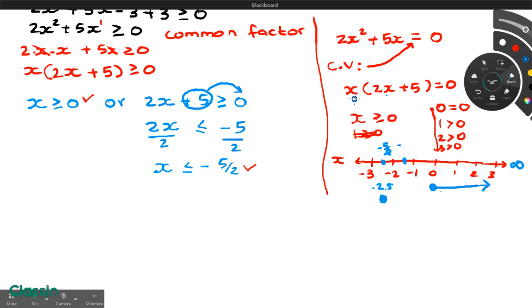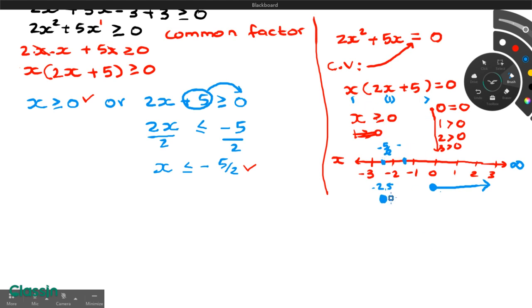But if you put 1 there, it means that you must also put 1 there. So it's 1 into 2 plus 5. It's not equal to 0, but now it's going to be greater than 0.